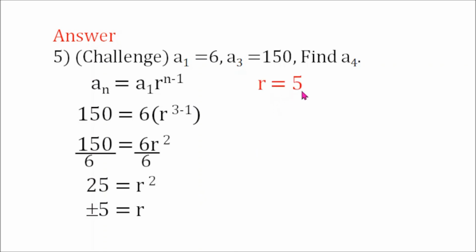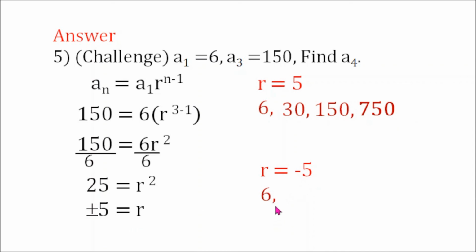Using positive 5 as our common ratio, the terms are 6, then times 5, 30, times 5, 150, and times 5, 750. And using the common ratio negative 5, we have 6 times negative 5 equals negative 30, times negative 5 equals 150, times negative 5 equals negative 750.